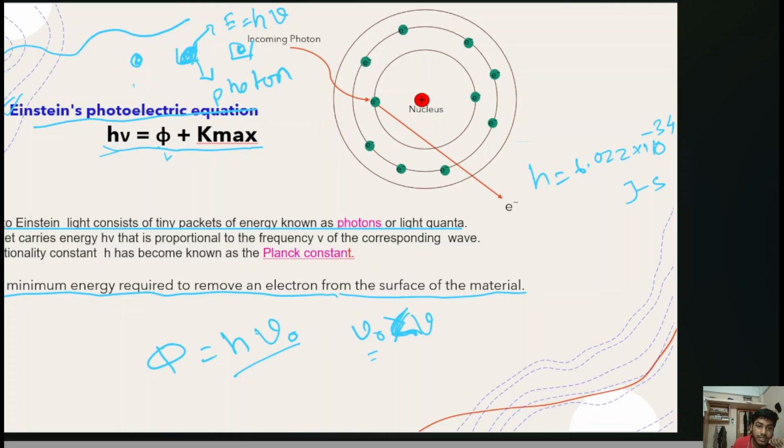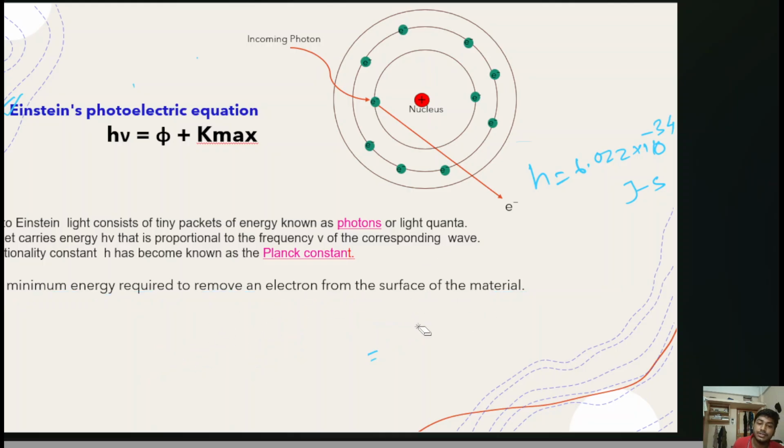One is the work function phi, the energy required to remove an electron from the metal surface, and the excess energy of the electron is used as the kinetic energy of the electron. So phi plus kinetic energy maximum. The energy of one photon is h into nu.